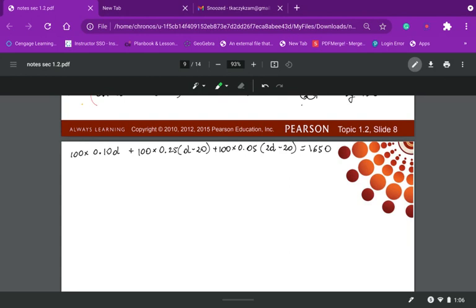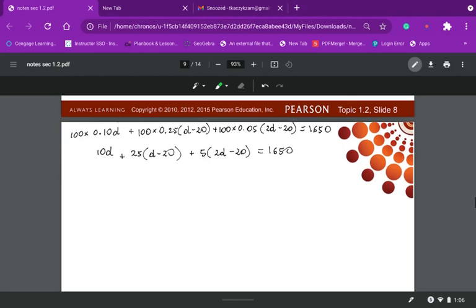0.10 times 100 gives us 10D, plus 100 times 0.25, which is 25, times D minus 20, plus 5 times 2D minus 20, equals 1,650. Now that I don't have decimals, I'm going to remove the parentheses.